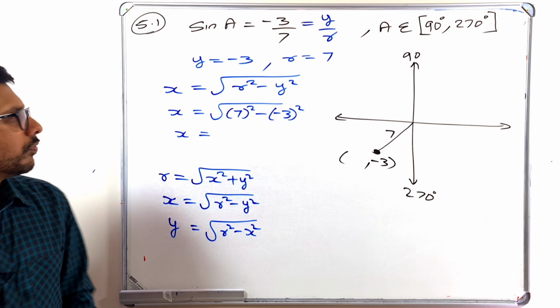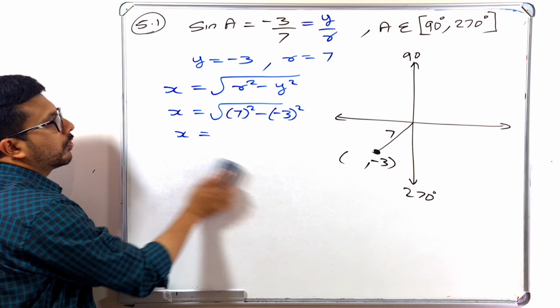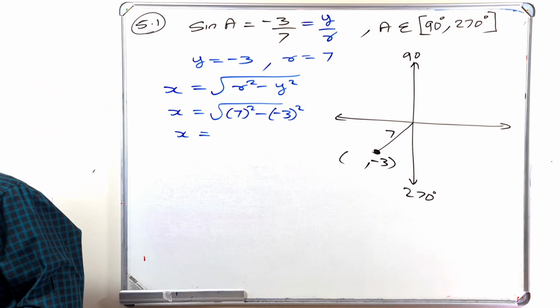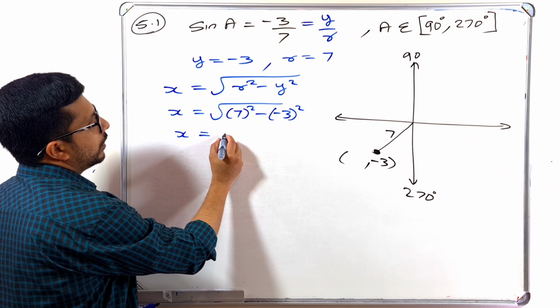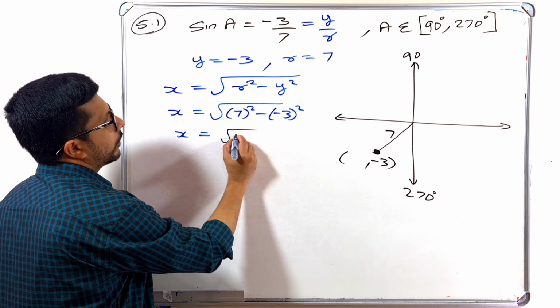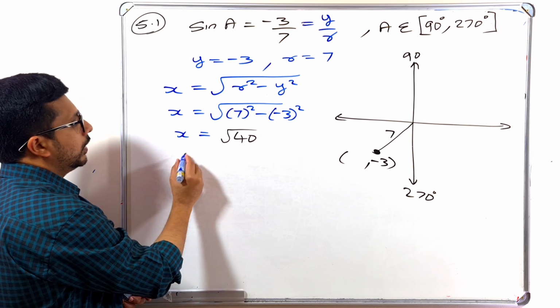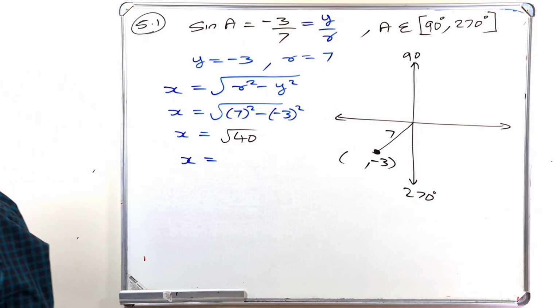So it is root of 49 minus 9, so root 40. So x is equal to root 40. How can you write root 40 in simplified form?